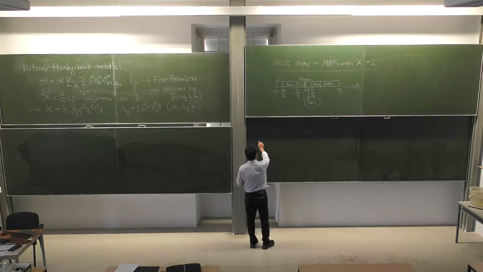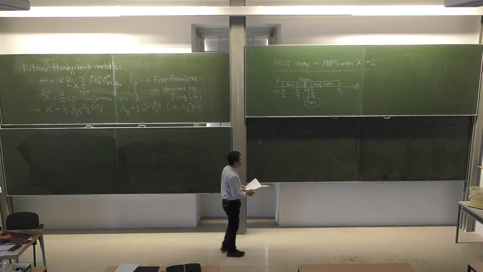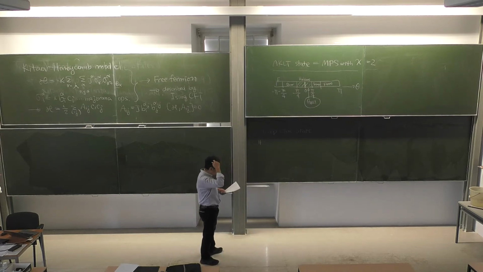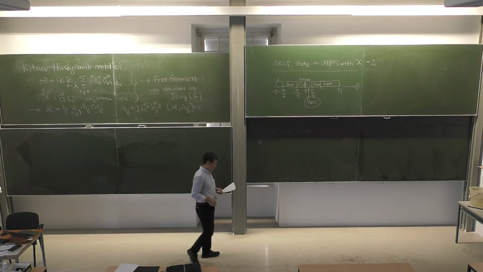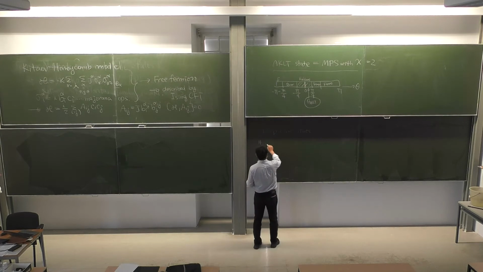So the question I would like to ask here is, can we construct a tensor network state with a finite bond dimension chi that is essentially the same as the Kitaev spin liquid, the ground state of the Kitaev honeycomb model, just like the AKLT state for the Haldane state? So let me just write down the question I just raised.